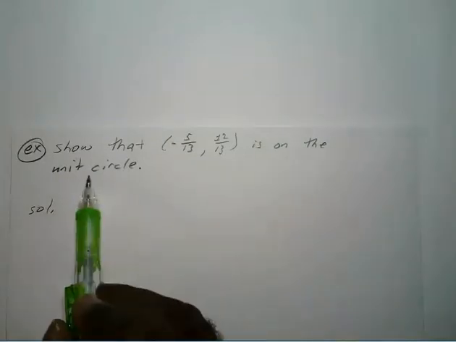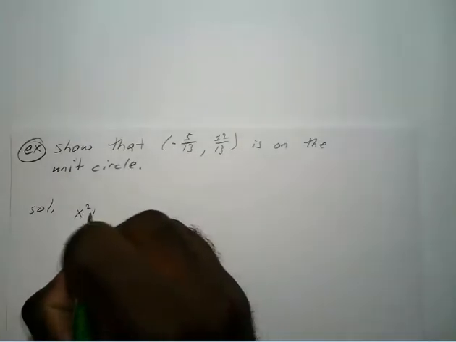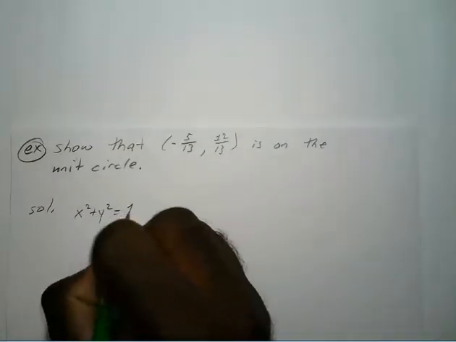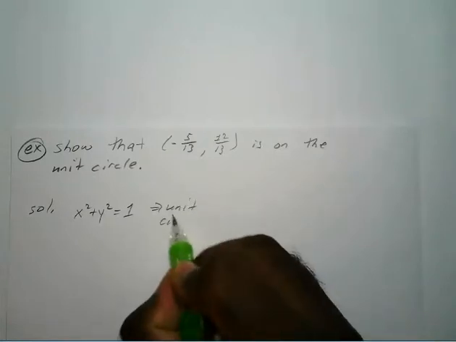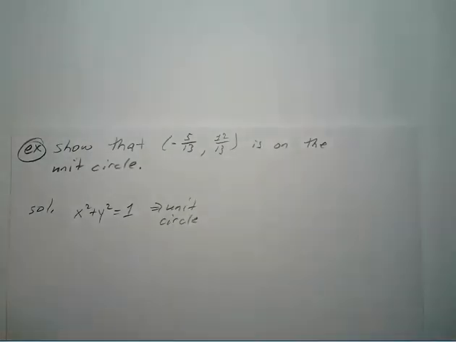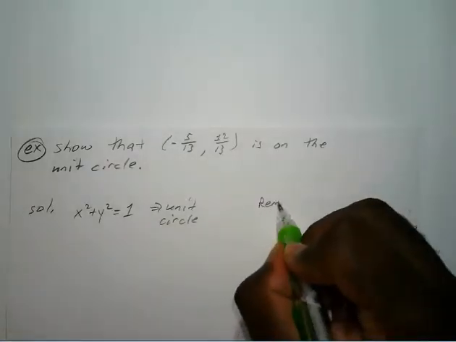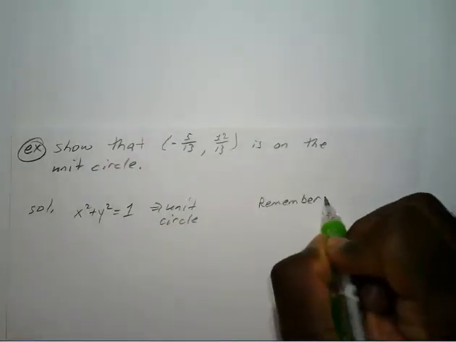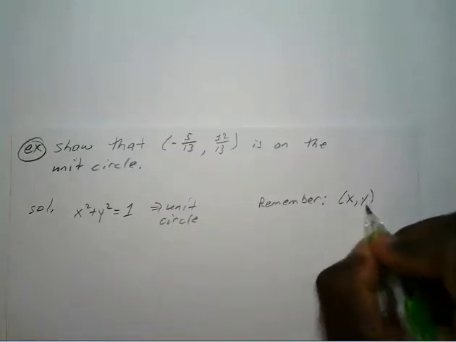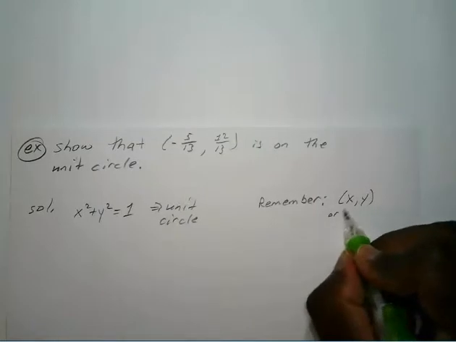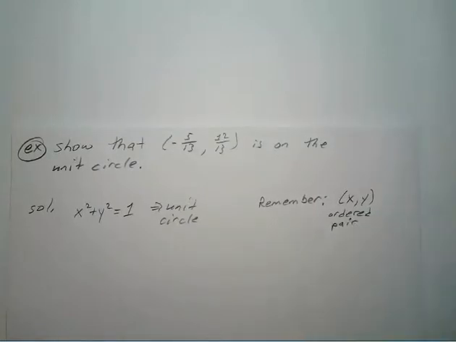Well, we remember that our unit circle is x squared plus y squared equals 1. That's our unit circle. Okay. We also remember that our ordered pair is x comma y. That's your ordered pair.